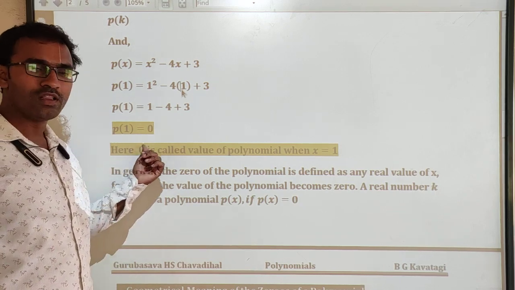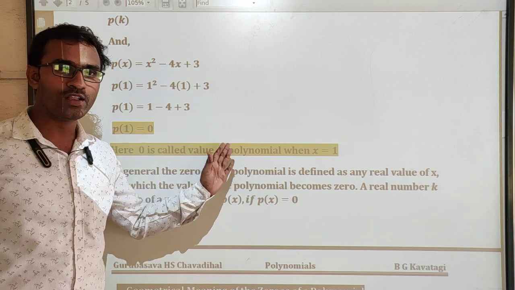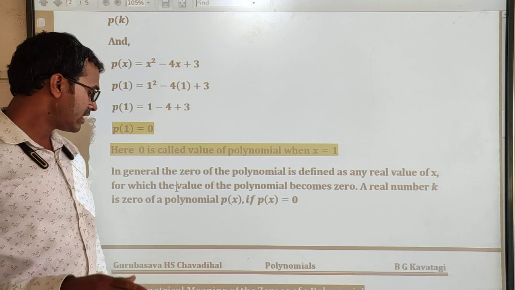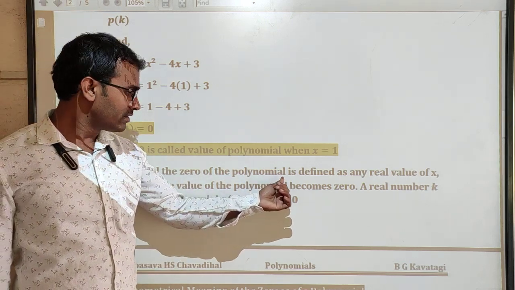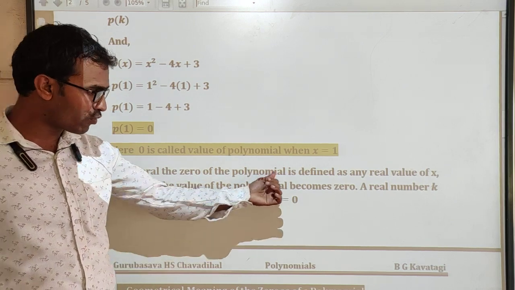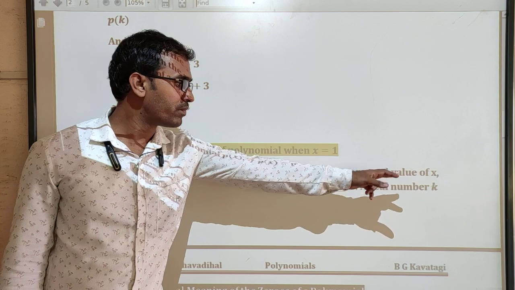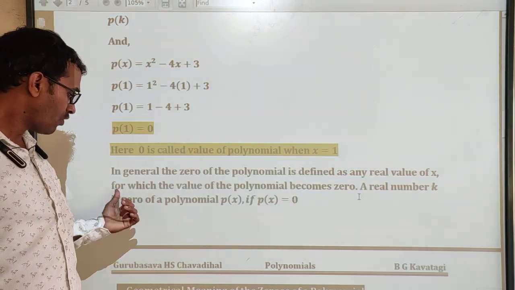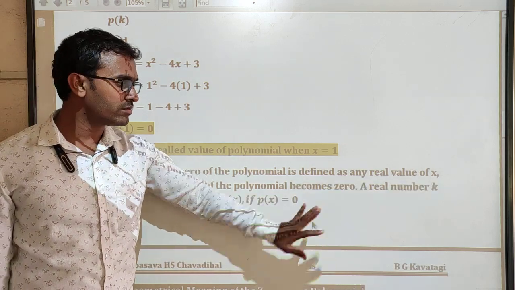Here 0 is called the value of a polynomial when x equal to 1. So in general, the zeros of the polynomial is defined as any real number, the value of x for which the value of the polynomial becomes 0.